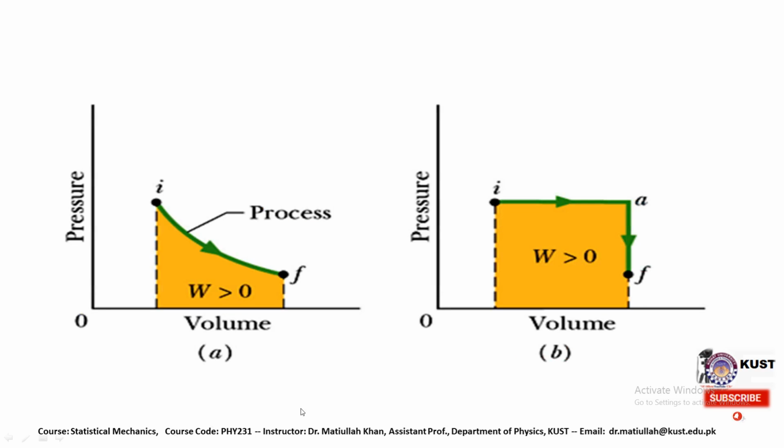Let's consider an example. On the vertical axis we have pressure, and on the horizontal axis we have volume, and the system is moved from the initial state to the final state. In this case, work is greater than 0. The system moves from the initial position I to the final position F, and this is a simple process.